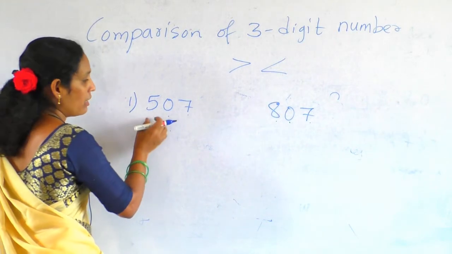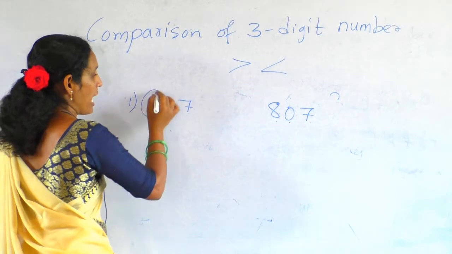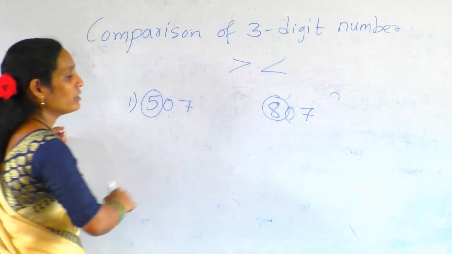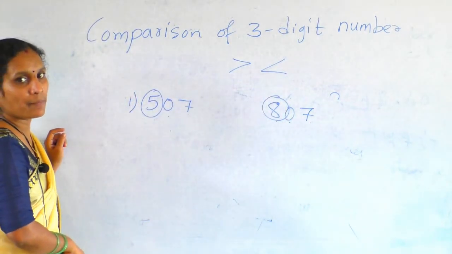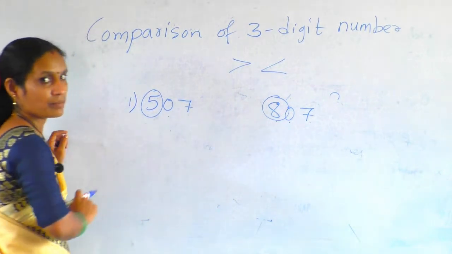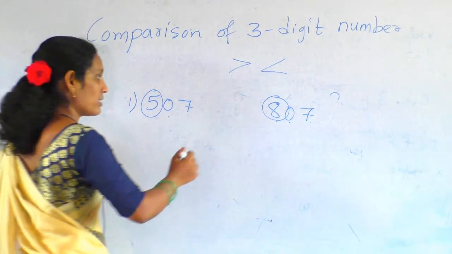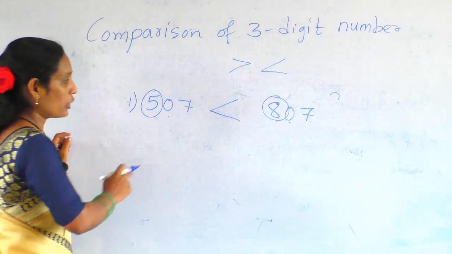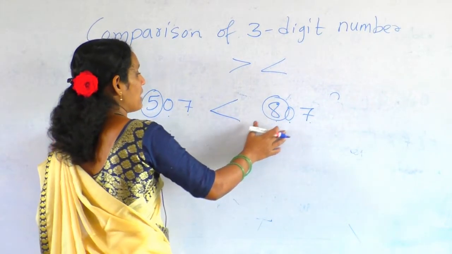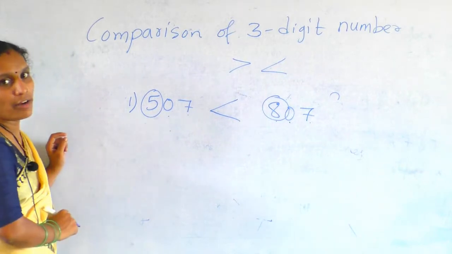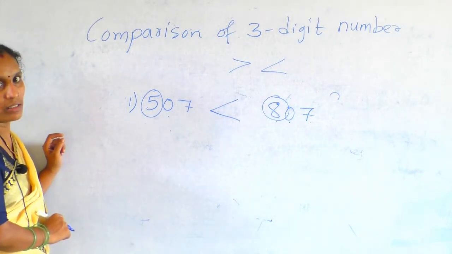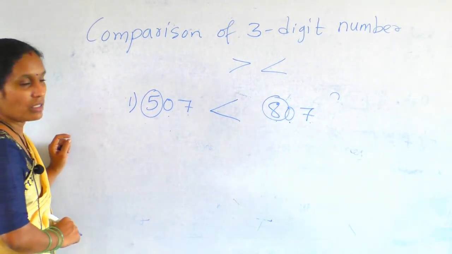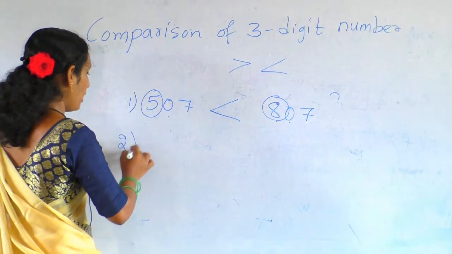First you compare the hundreds place. 5, 8. Which is bigger, 5 or 8? Yes, 8 is greater than 5. So automatically 807 is greater than 507. Understood?